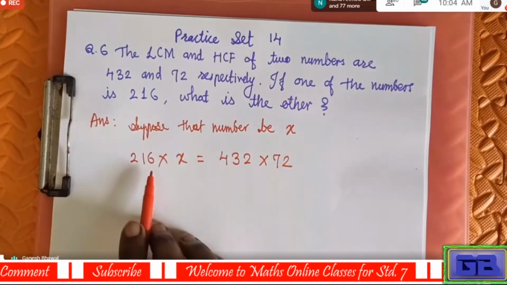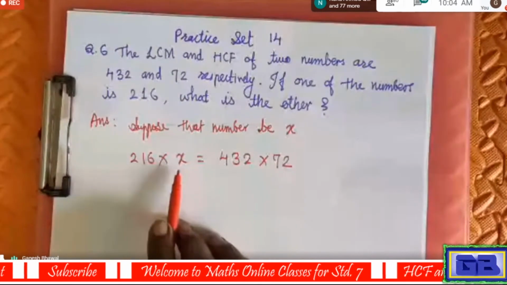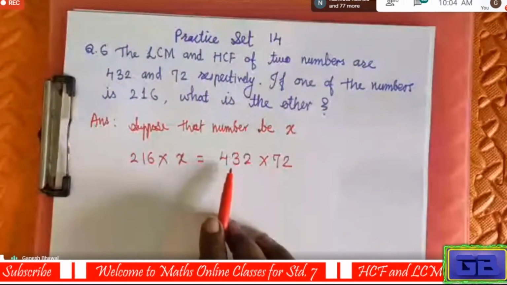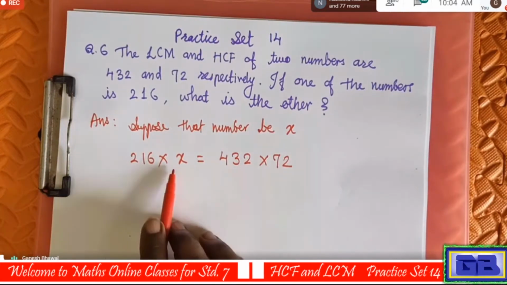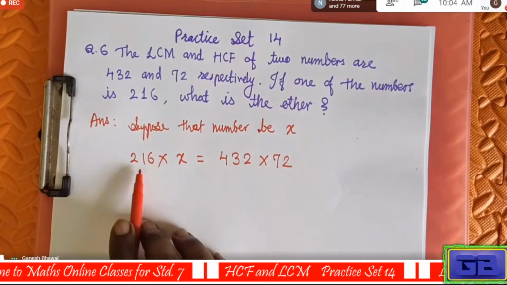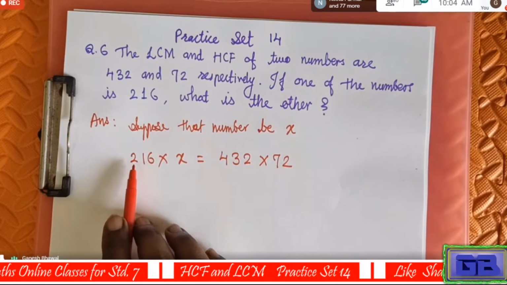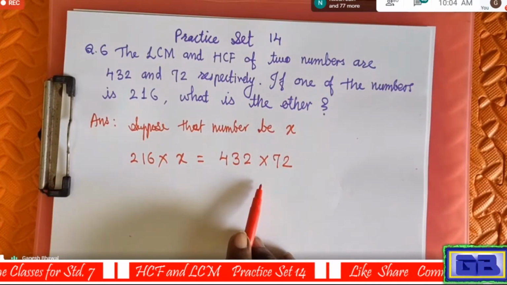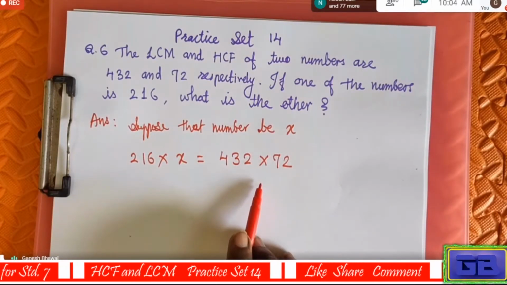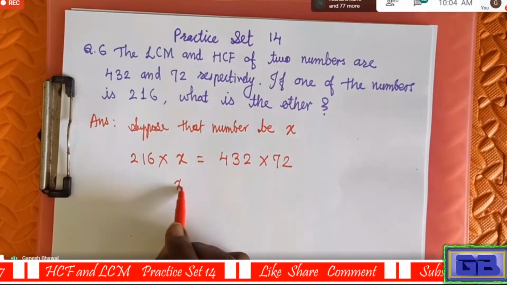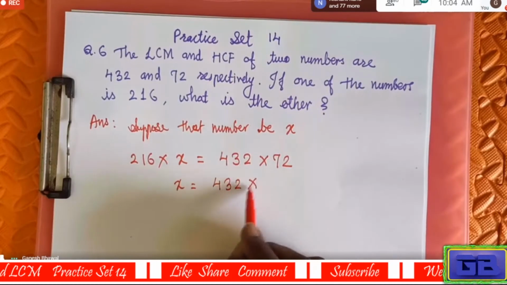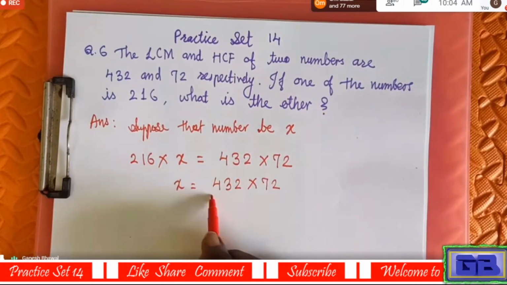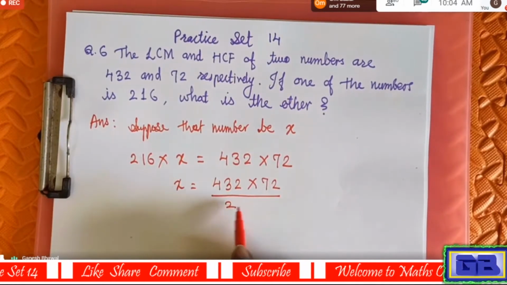So 216 multiplied by X equals 432 multiplied by 72. Now there is a multiplication relation between this X and 216. We will shift this 216 to the other side, down at the place of denominator. X equals 432 multiplied by 72 upon 216.